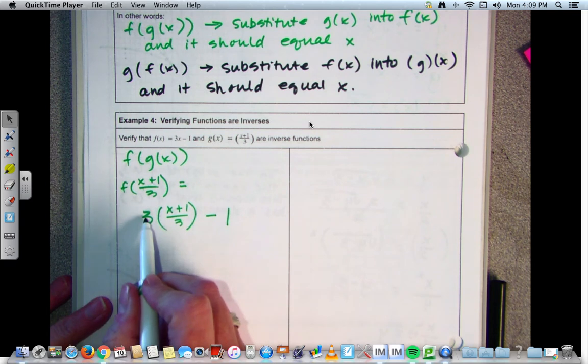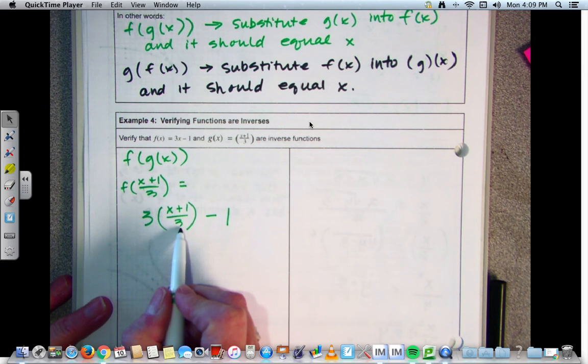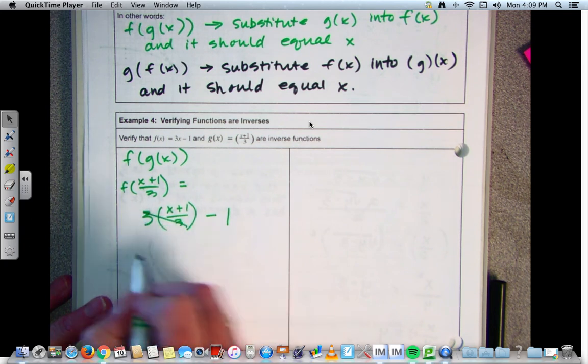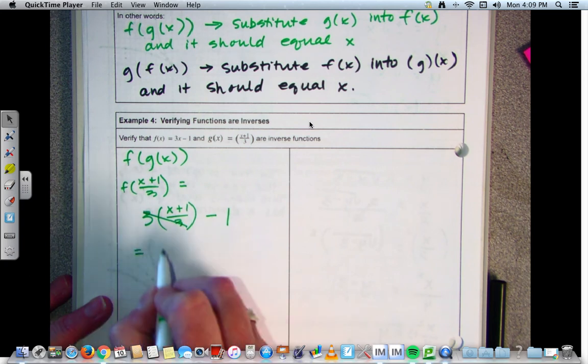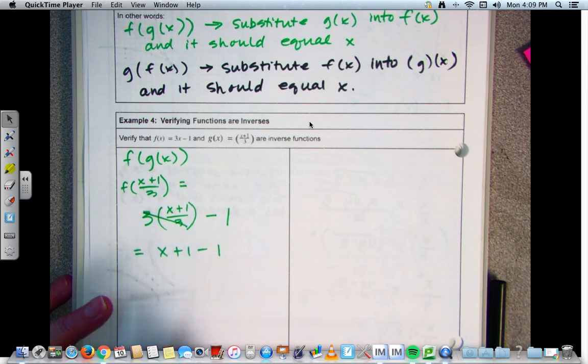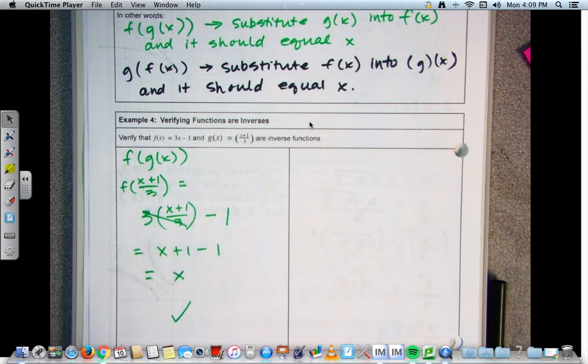When there's a 3 on the outside in the numerator and a 3 on the bottom in the denominator, these cancel. So then what we have left is x plus 1 minus 1, plus 1 minus 1 cancel, so what's left here is x. So this looks like they are inverses.